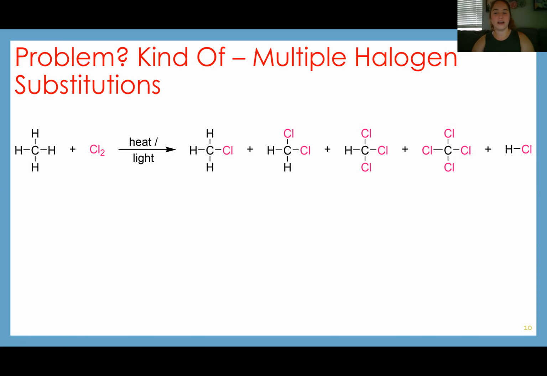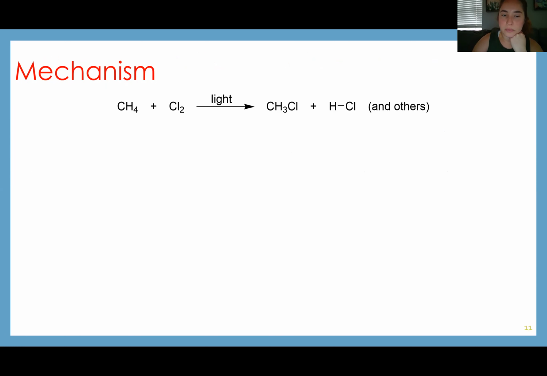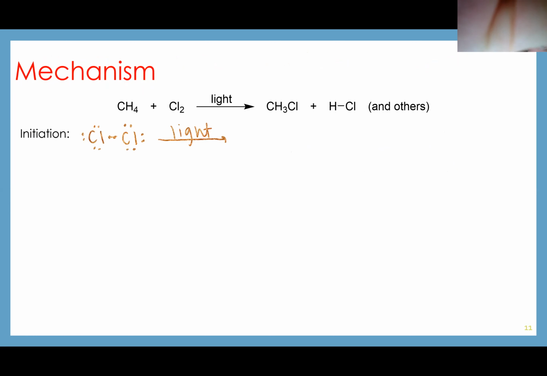Okay, so this is the kind of messy outcome that you'll get from doing a reaction with chlorine as a radical. I'm going to go through the mechanism now, because it's hard to understand where those products come from if you don't know the mechanism. So in the initiation step, you have chlorine. Sorry, I'm going to draw this out for you as well. You have your molecular chlorine and you introduce light.